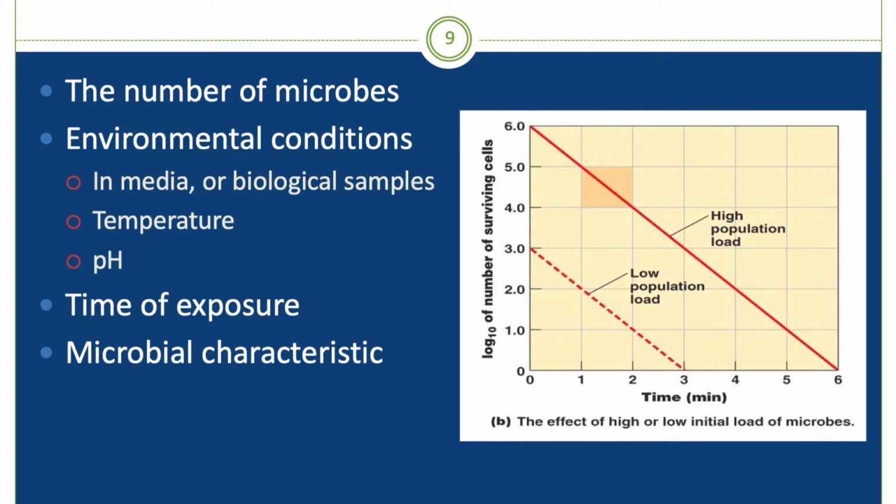In addition to these environmental factors, you have time of exposure and microbial characteristics, including the number of microbes, which is also a factor. For instance, if you have a low population and you apply a constant bactericidal, you're going to see the load decrease and eventually the number that survives becomes zero very quickly.